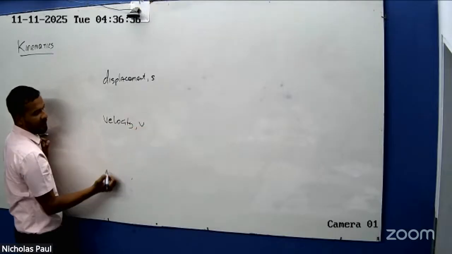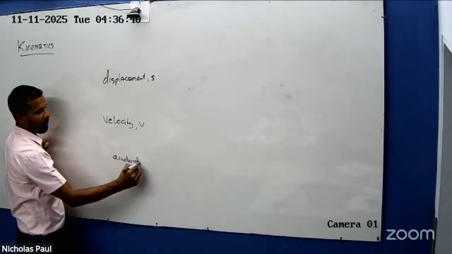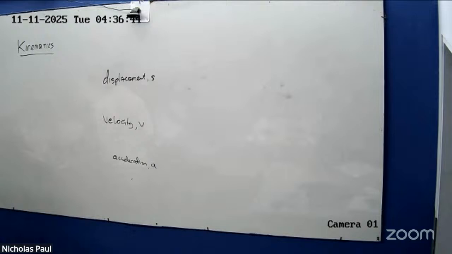And the third quantity we call acceleration. Anybody not doing physics? Okay. So we need to know about 3 quantities: displacement, velocity, and acceleration, and how we relate them to each other in terms of integration and differentiation.